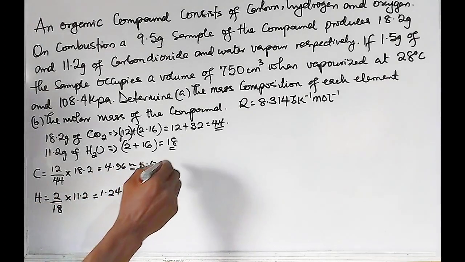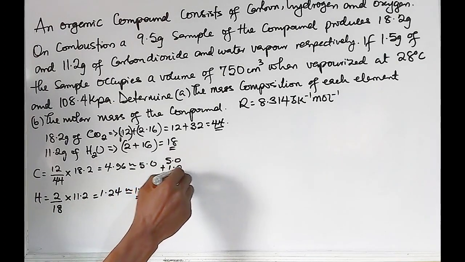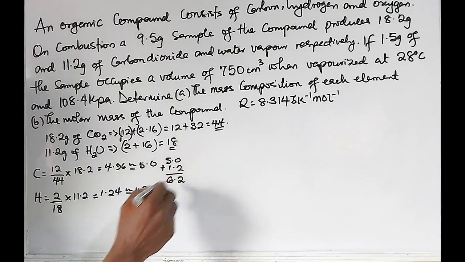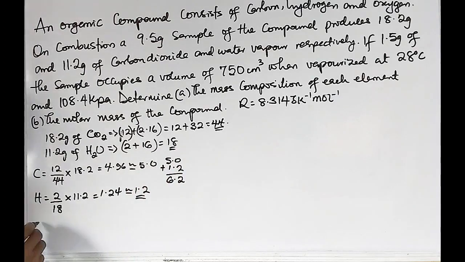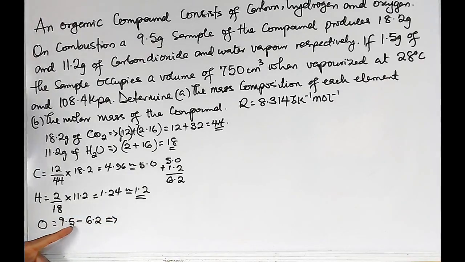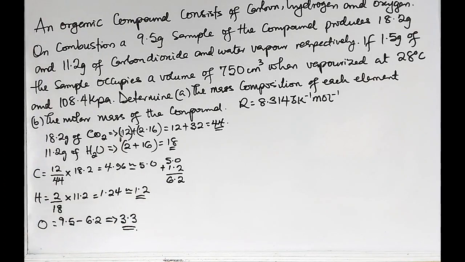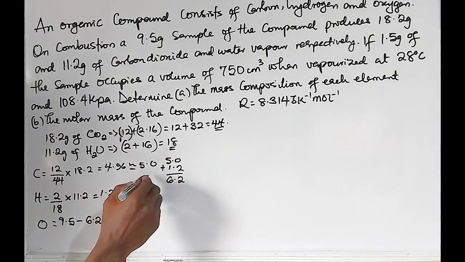By adding this, we have 5.0 plus 1.2, so that gives us 6.2. Okay, so for that of oxygen here, we now have 9.5 minus 6.2, and this should give us 3.3. Okay, now this is for carbon, hydrogen and oxygen. All right, take notes.